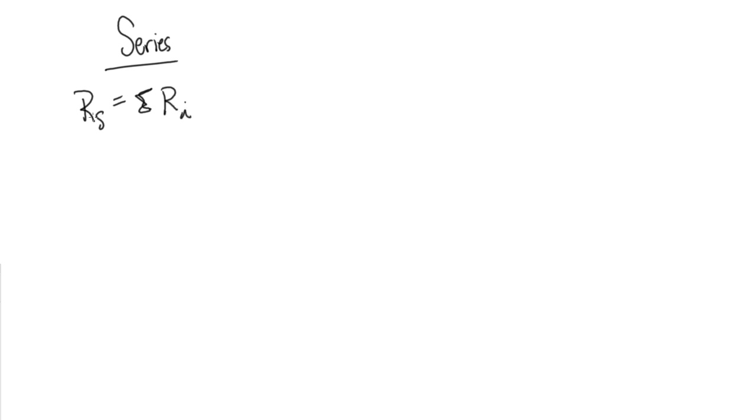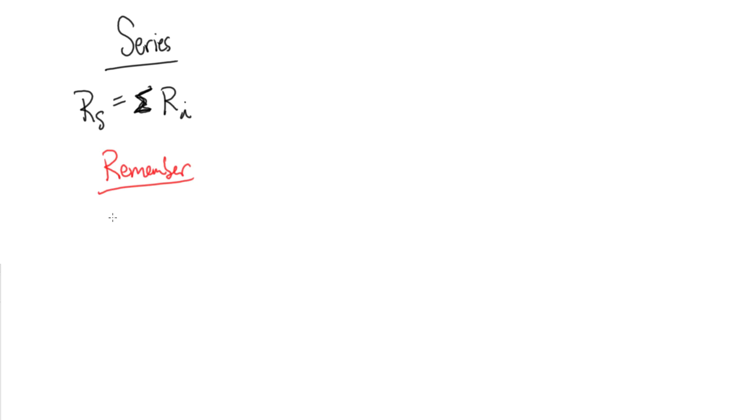It says resistors in series is equal to the summation of those resistors. That's it. You have to have the overall science know-how to understand what this sigma means, and that just means summation. So if you're having a hard time doing that, I would just recommend you remember these things.